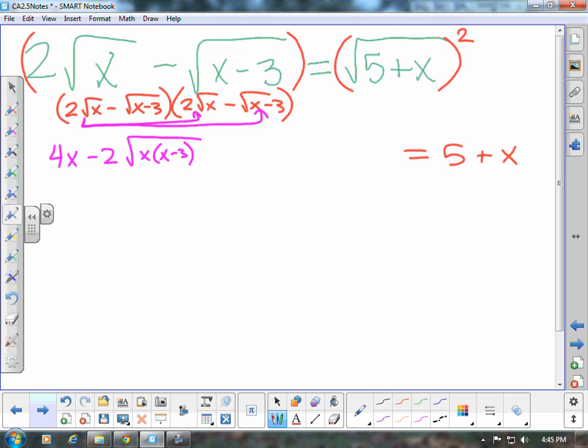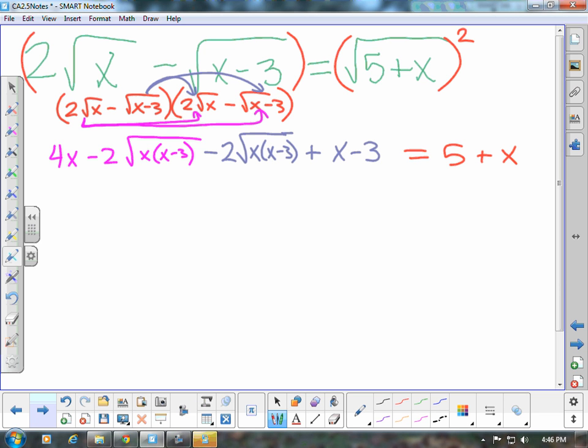And then if you multiply that times that, you're going to get another negative 2 times the square root of x times x minus 3. And then finally, when you multiply those two things together, you are going to get plus, and the square root of x minus 3 times the square root of x minus 3 is x minus 3. And so we've gotten rid of one of the square roots. We still have 2 left.